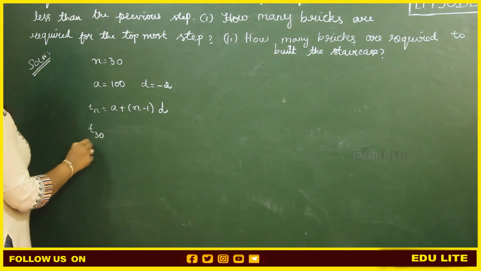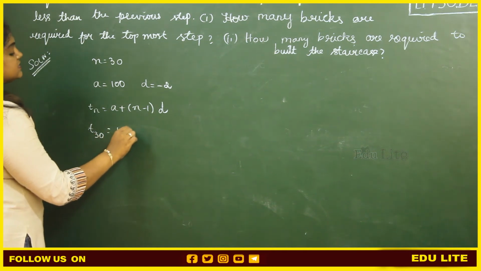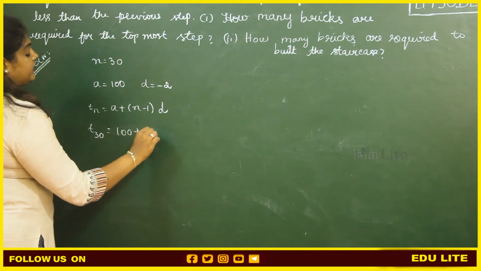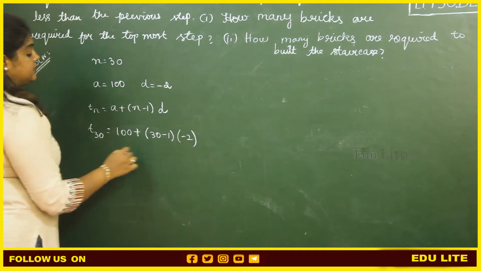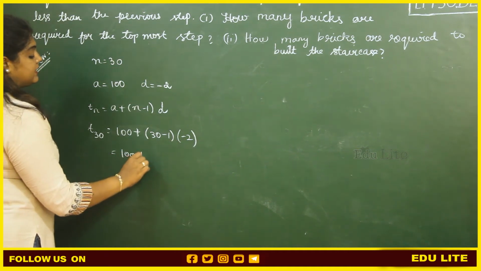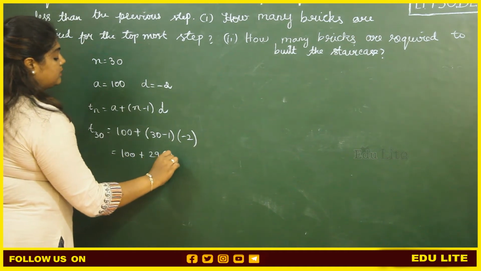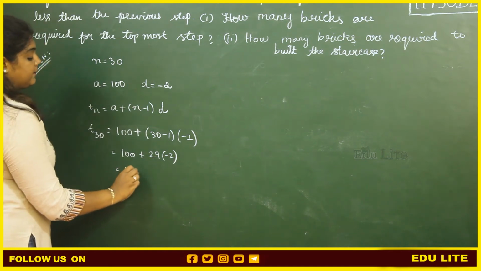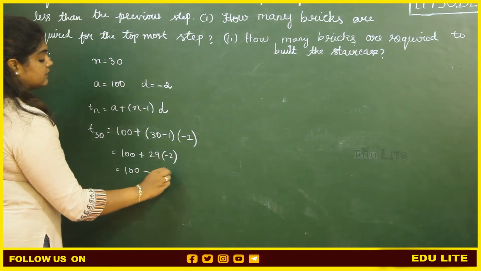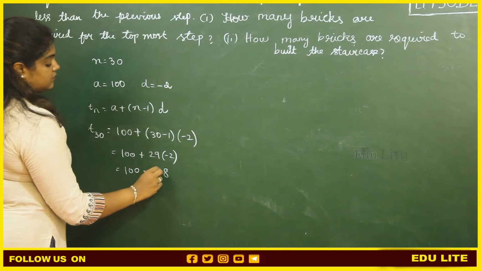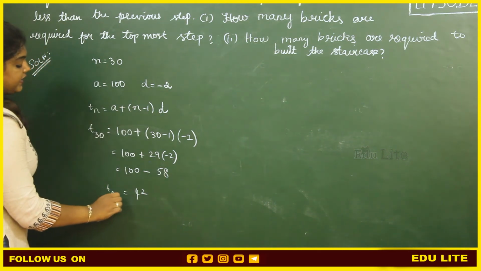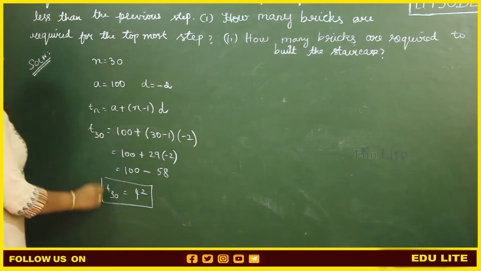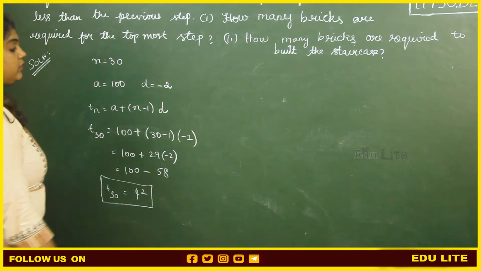Topmost step T30 equals a value 100 plus n value 30 minus 1 into d value minus 2. 100 plus 29 into minus 2. 100 minus 58, which is 42. So the 30th step requires 42 bricks. Thus we have found out the first option.